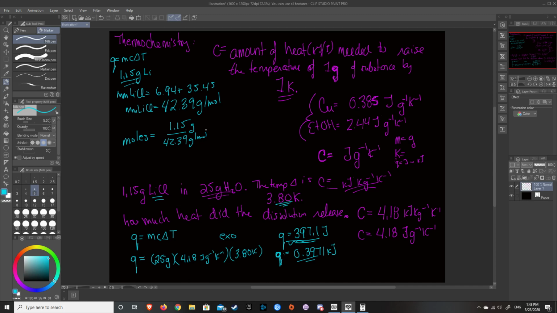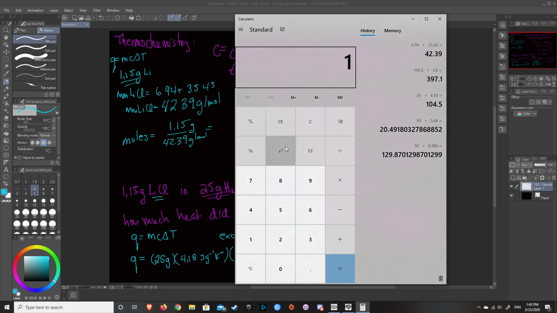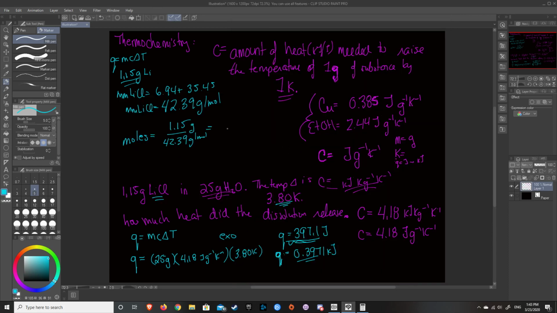And that answer is 0.027 moles. So now we want to calculate the enthalpy.